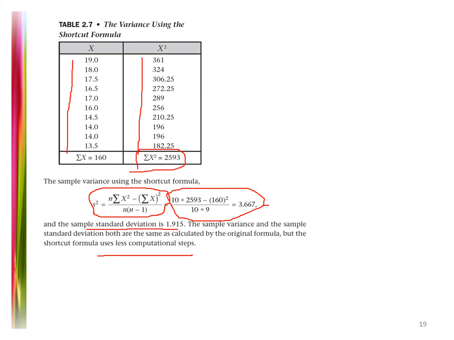So if you use this formula, your computation may be easier. But you can use either this formula or the direct formula, whichever. It doesn't matter. You will get exactly the same answer. All right.